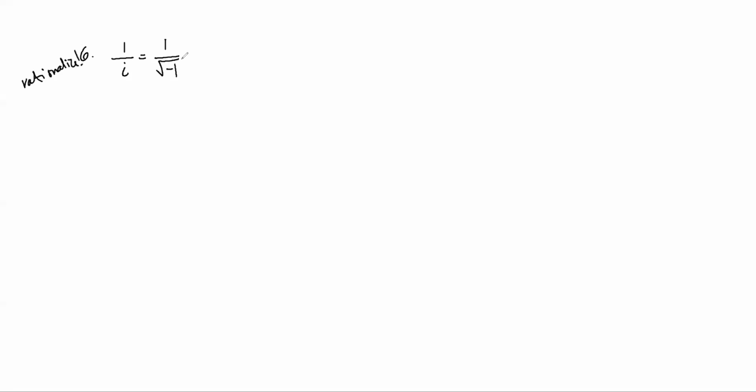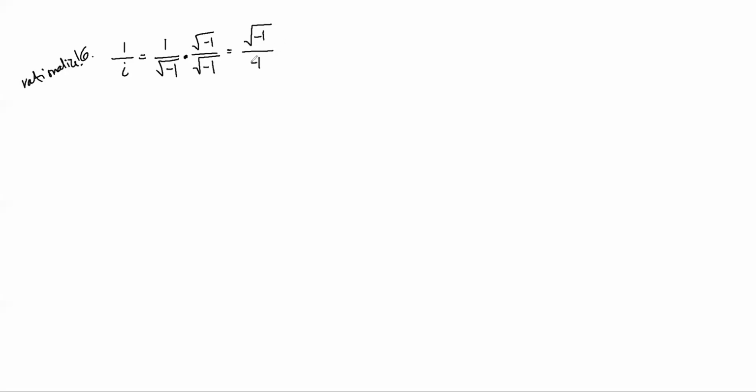If you remember rationalizing, we're going to multiply by the square root of negative 1 over the square root of negative 1. Now on the top, we just get 1 times the square root of negative 1. That's just the square root of negative 1. On the bottom, the square root of negative 1 times the square root of negative 1. Remember the shortcut here. This just gives us negative 1.